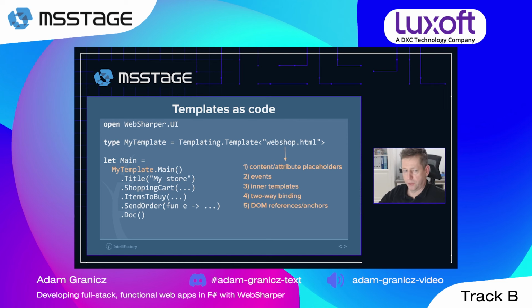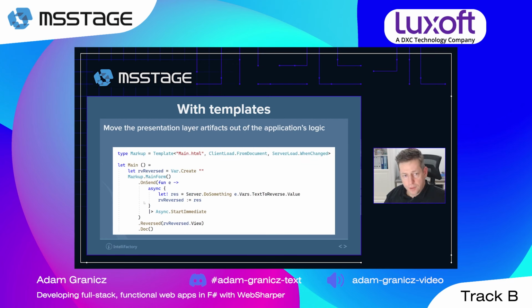And whatever's in my shopping cart, I want to send it as an order. So that would be something that you click on, and then this would be an event handler that you bind to it. And then the .doc basically seals all these instantiations and just basically makes a doc value, which is basically WebSharper UI's representation of an HTML content.